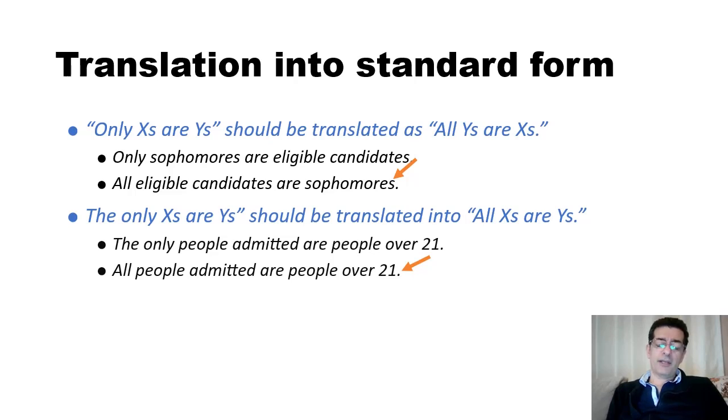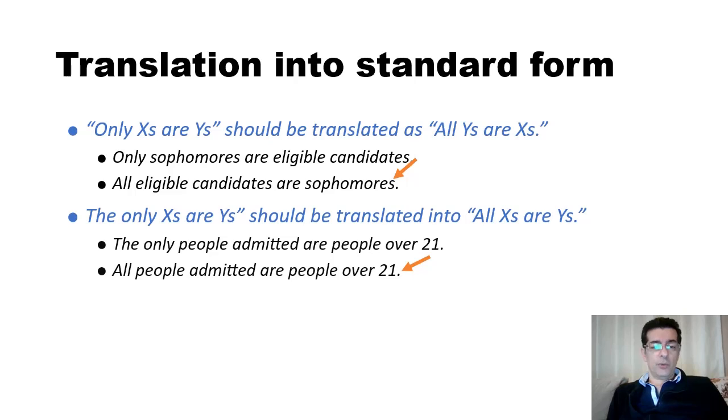Here, we are having a kind of restriction on the subject term. Is that right? We are not saying the only people are people over 21, but the only people admitted are people over 21. So this means we are having a restriction on the subject term. When there is a restriction on the subject term, what we need to do is retain the terms in their own positions and only use all instead of the only.